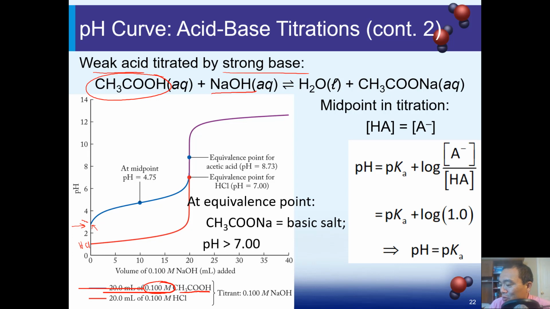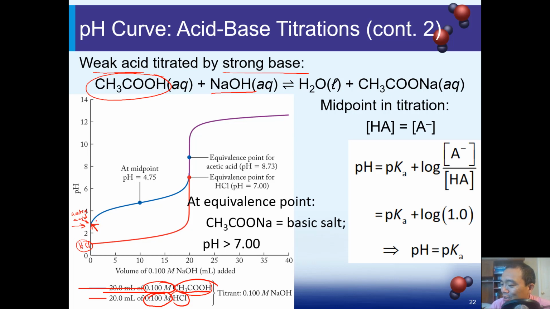The blue one is the weak acid, acetic acid. That's expected for the same concentration of 0.10 M strong acid versus weak acid.